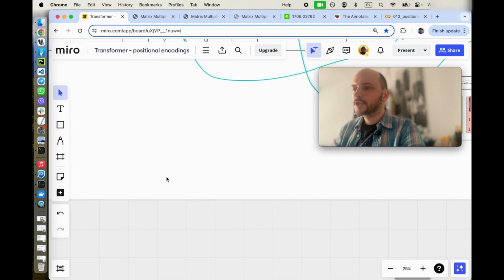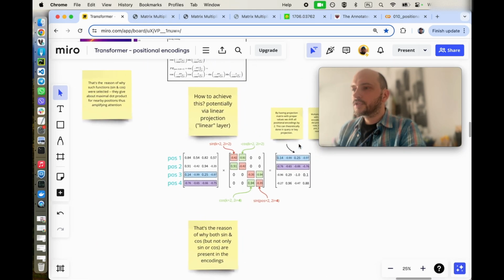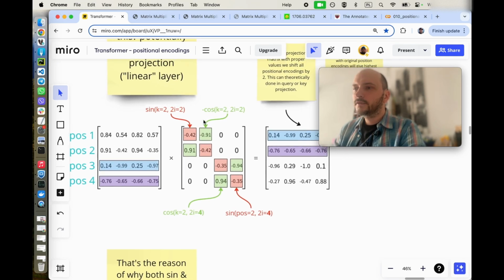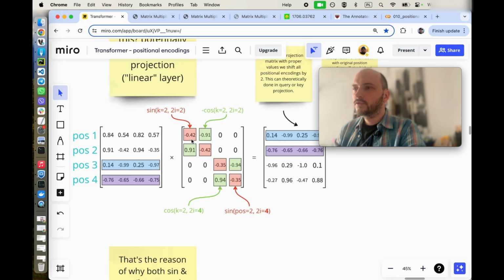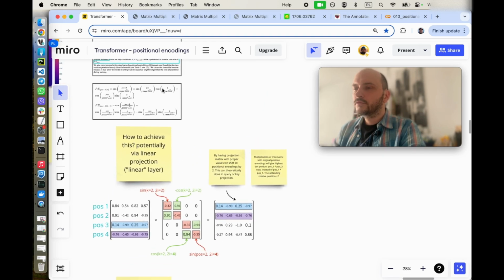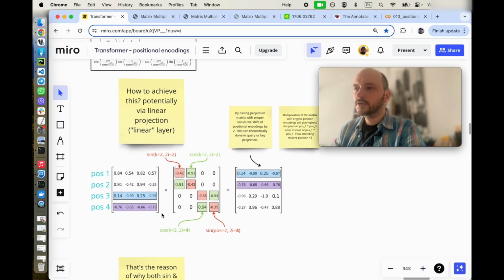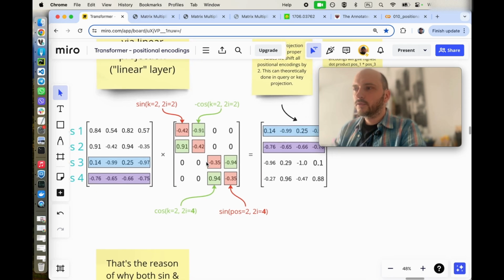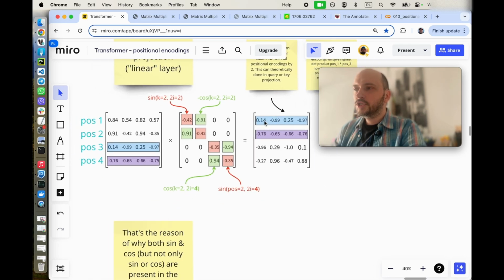These projections may be learned in this way: they may have corresponding sine and cosine values of k divided by the denominator, so that if we multiply these encodings by these corresponding values, we will get shifted encodings.